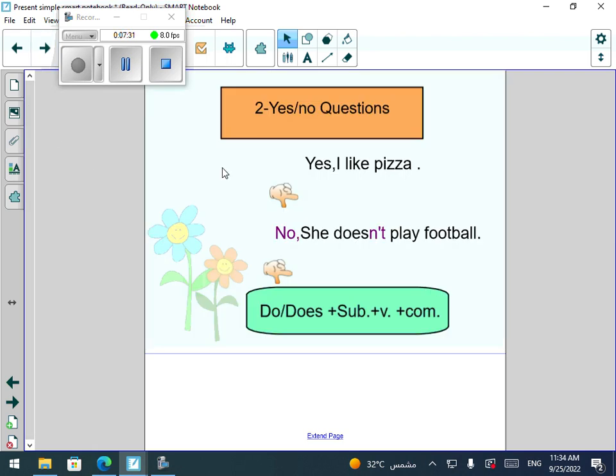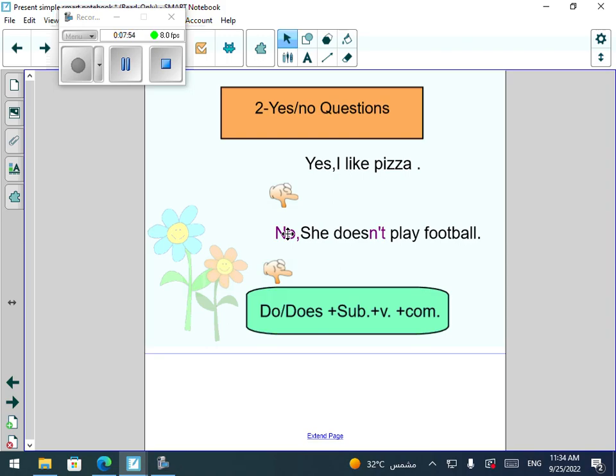Let's go ahead for the yes or no question. What's the difference between a WH question and a yes or no question? We have in the beginning of the answer, yes or no. If I have yes or no, I mean this is the yes or no question. And in this case, I'm gonna start with do or does.